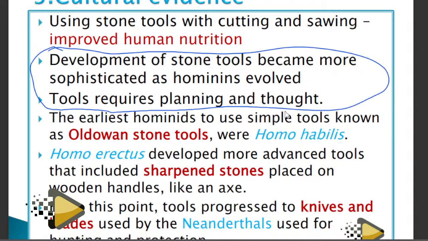Development of tools becomes more sophisticated as the hominids develop, or as the brain size changes, and these tools require planning and thought. Therefore, you have to increase the brain so that you can increase the intelligence, so that you can plan and also think about what you are planning. So basically, that's what they are looking at there.